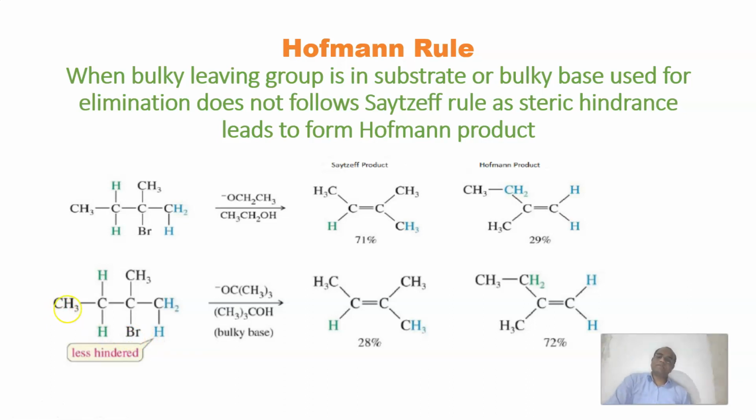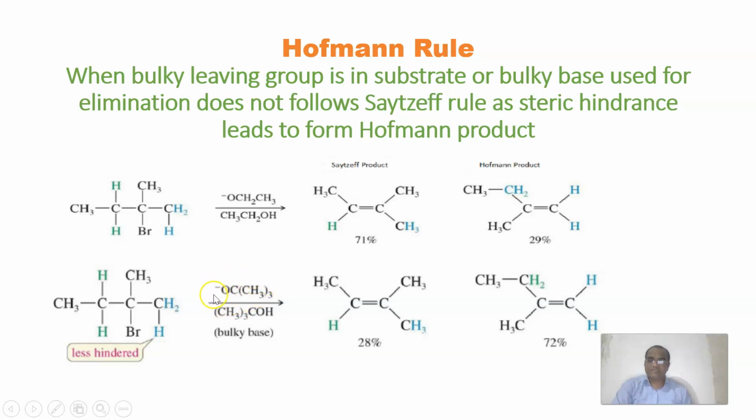So it is a little bit difficult for this base to remove a hydrogen from here. So that is why it forms the minor product. But as per the theory proposed by Saytzeff, it is the more substituted alkene, so it should form the major product.